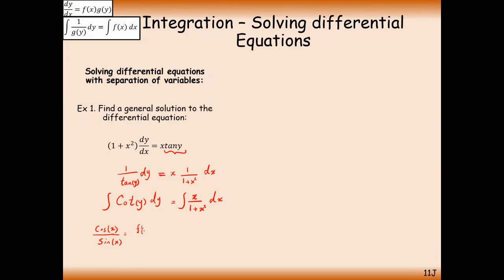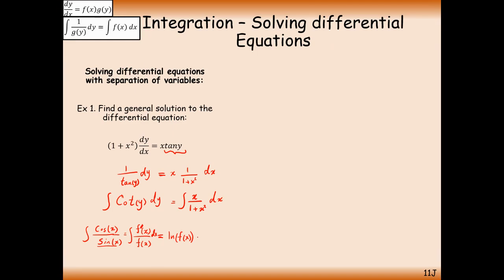So we have this situation where the derivative of a function is on top of the function. So we said that when we have to integrate this situation here, that means we are going to get log of the function in the denominator. What is the function in the denominator? The denominator is sine of x.